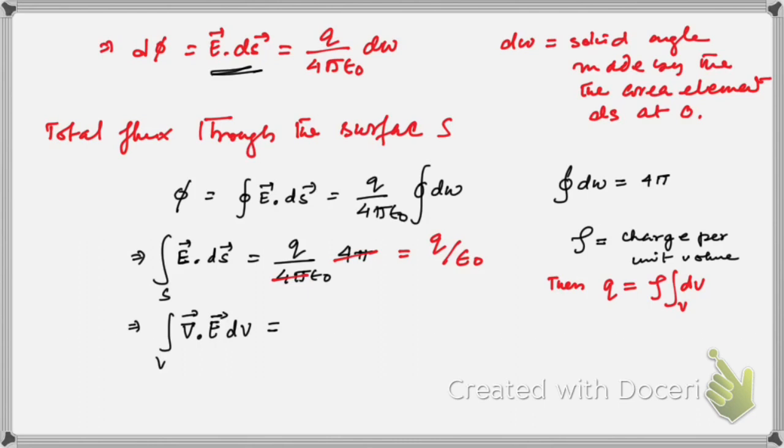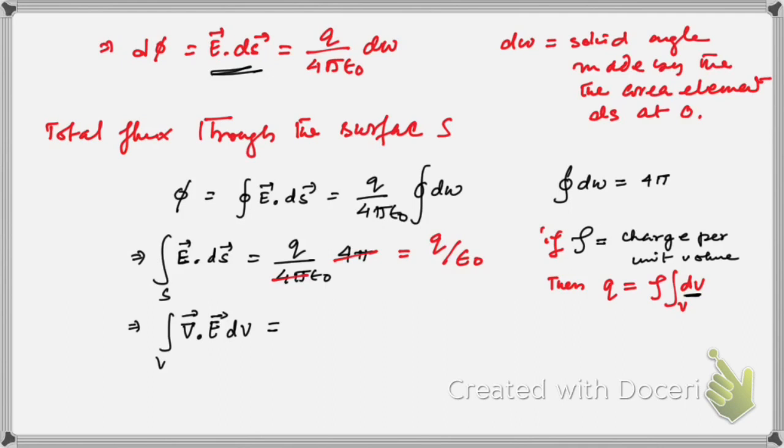So then here you see, dV means it is a very small volume element of this closed surface, right? Very small volume element, you can consider that way. This is the closed surface, and you can consider a very small volume element, it is not a surface, it is a volume element. So then you can replace this, let me write here, if rho is charge per unit volume, then Q can be written like this.